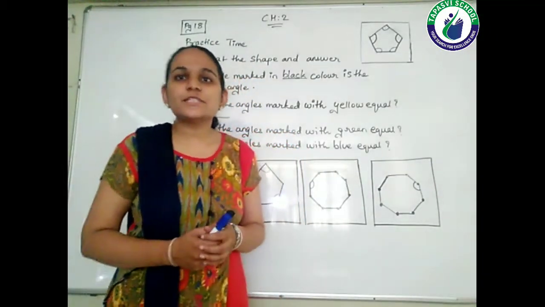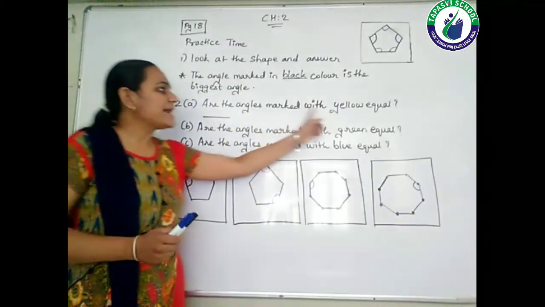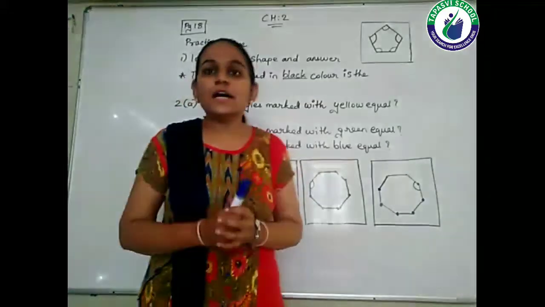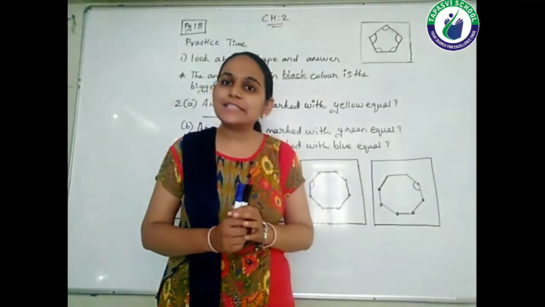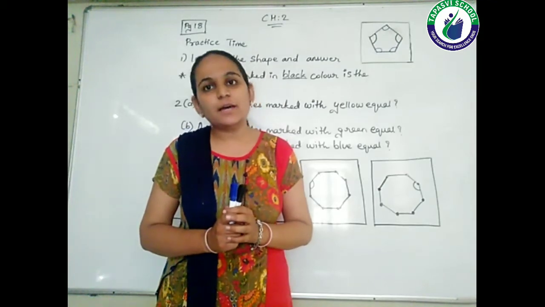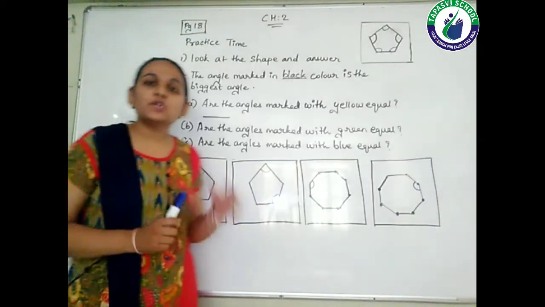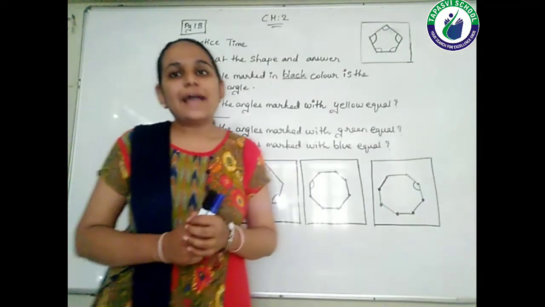Okay, students, now let's see the next question. Question number 2: are the angles marked with yellow equal? In your textbook, you can see the yellow color angles only, but I don't have a yellow color marker, students. So I have used a black color marker to denote that these are the yellow angles, right?